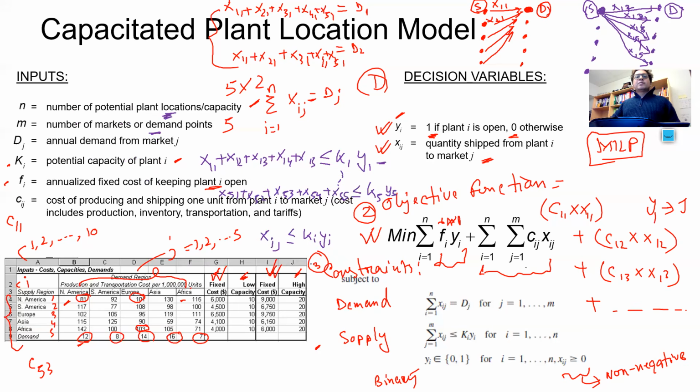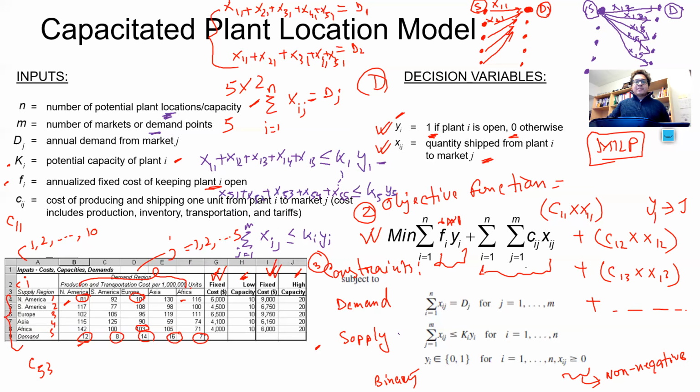So the value could be 1, 2, 3, 4, 5, and here actually it could be up to 10, because we have 5 low capacity and 5 high capacity, right? And then we take a summation, where j equals 1 up to M. So this is the demand going to the 5 demand locations from each of the supply locations.